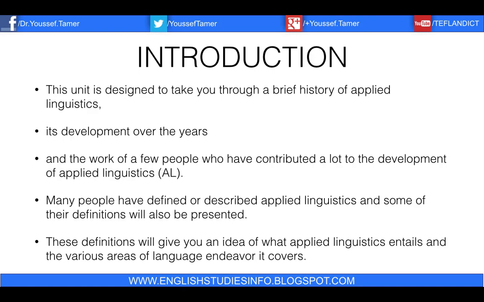They will help you understand the meaning of applied linguistics and the various areas where language impacts society, psychology, etc.